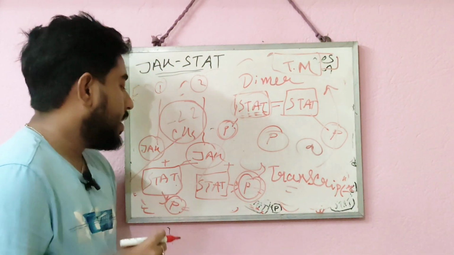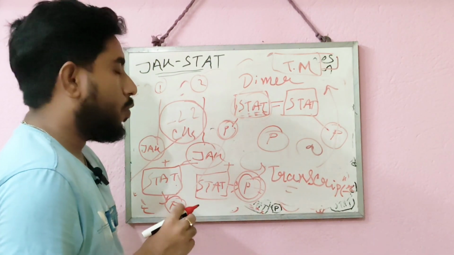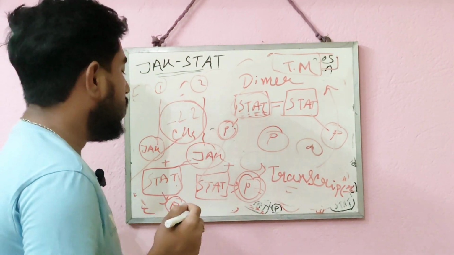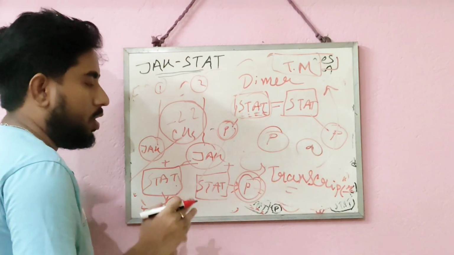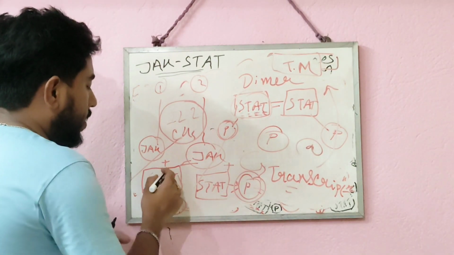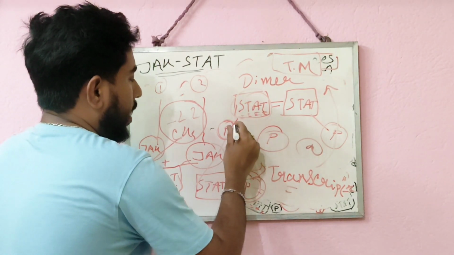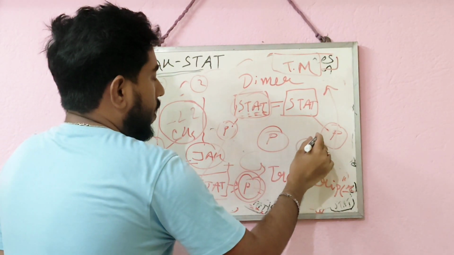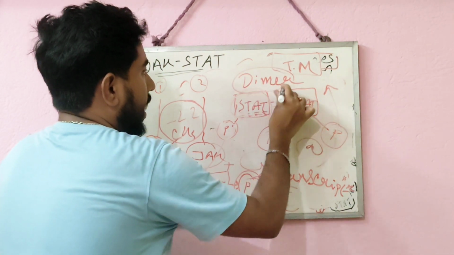When the Jak-Stat and phosphate make a complex, they are activated, and Jak and Stat get separated. When they separate, the Stat already bound with phosphate will come together and bind with each other and form a dimer.